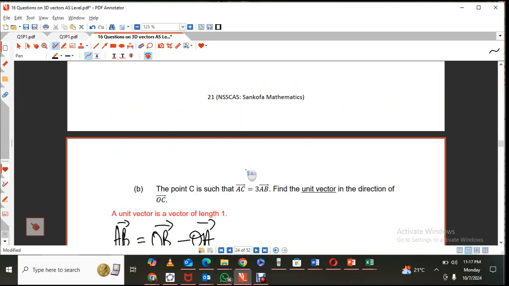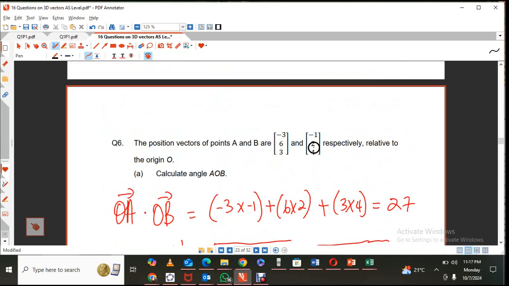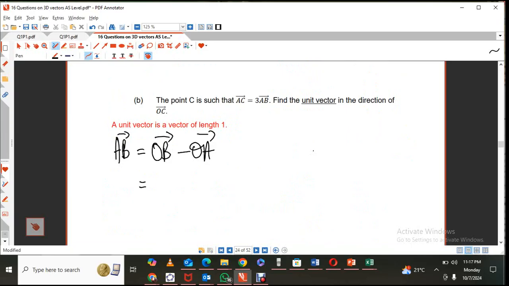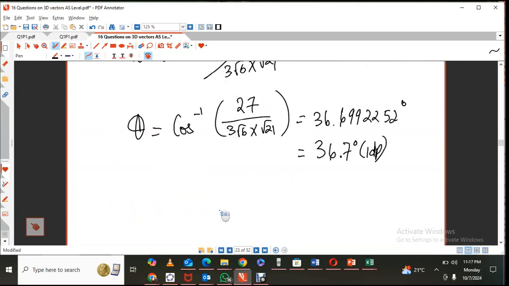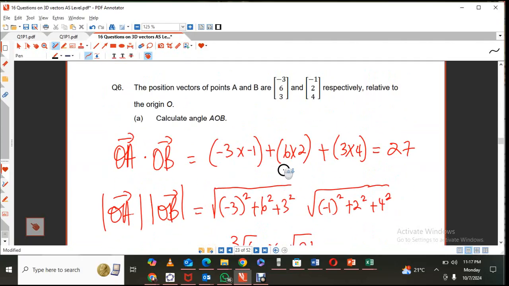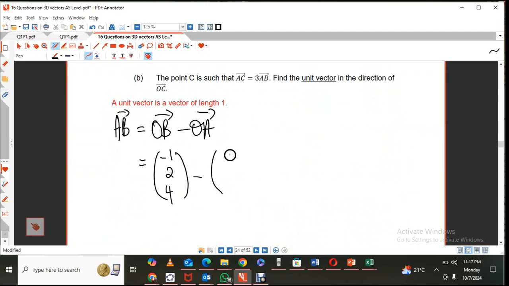Let's go back and find OB, OB being negative 1, 2, 4. And what is OA? Let's go back to OA because it's relative to the origin. OA is negative 3, 6, 3.